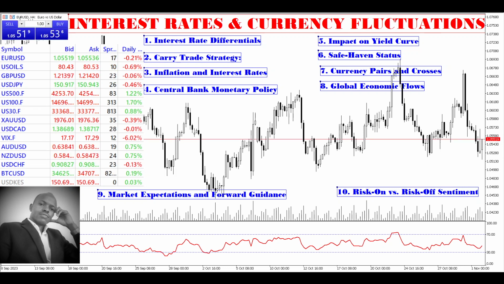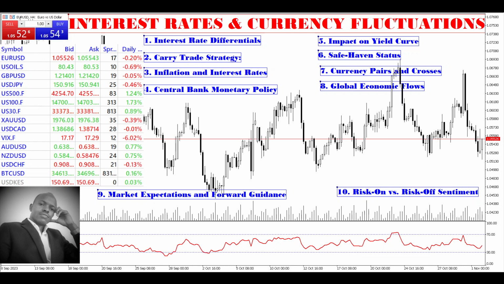For instance, if the US Federal Reserve raises interest rates while the Bank of Japan keeps the interest rates low, the USD Japanese yen pair may see significant movements. And so it is the case with other currencies.